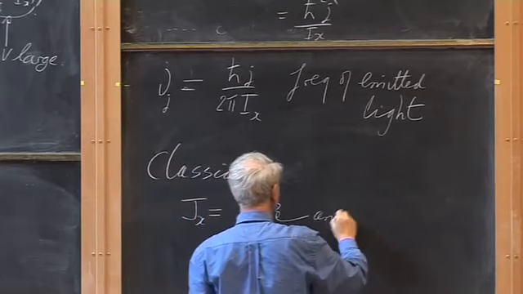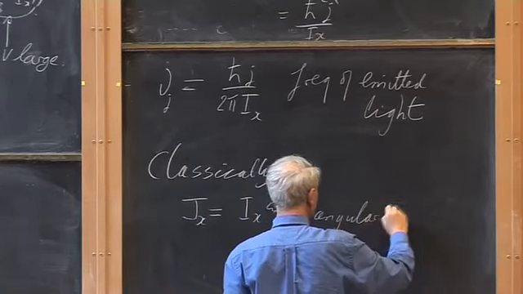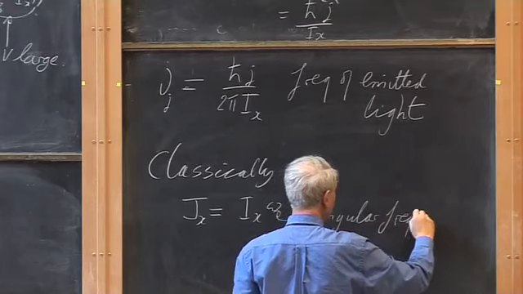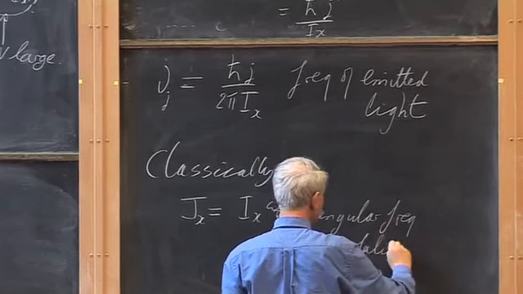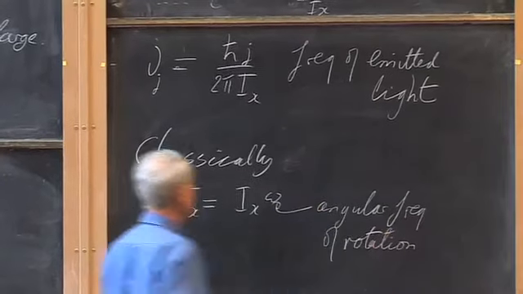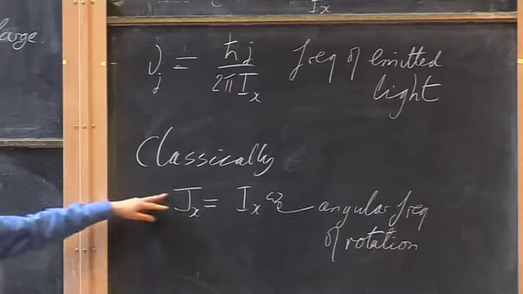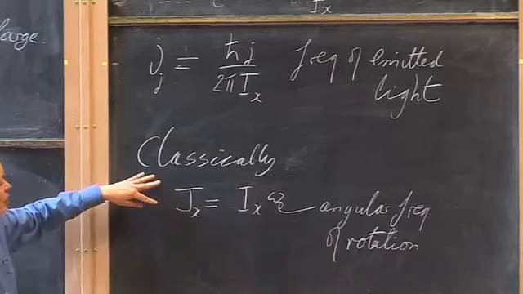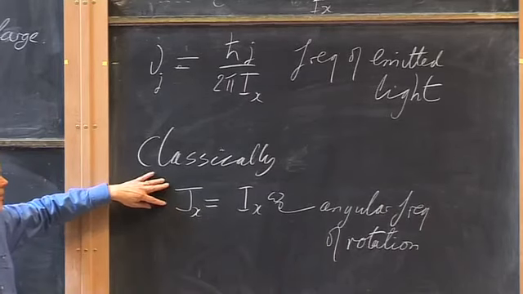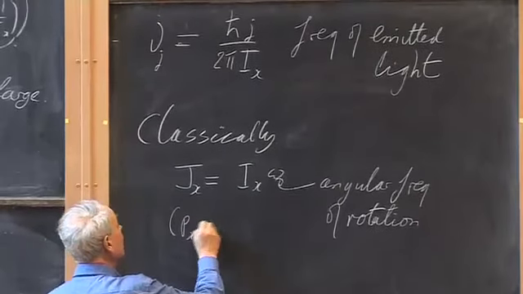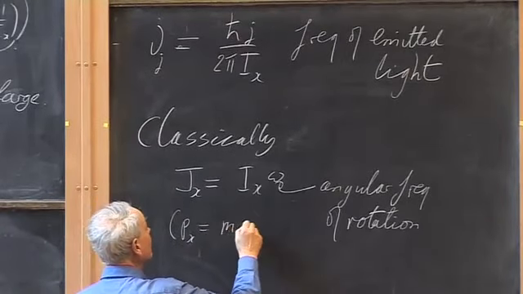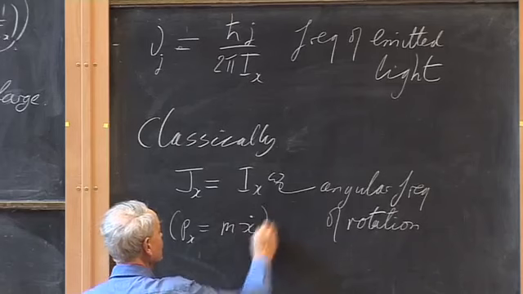This is the angular frequency of the tumbling, of the rotation. So this is a piece of classical mechanics again. The relationship between angular momentum and frequency mirrors the classical statement that p_x is equal to m times x dot.